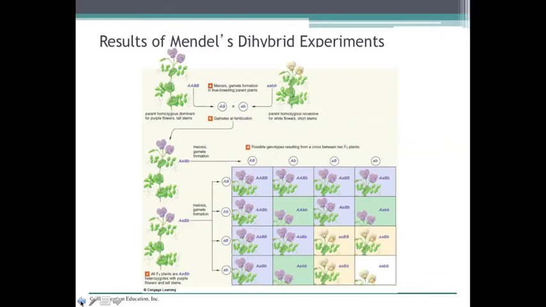Homozygous dominant for the A and the B, so that's tall and purple. The next one is uppercase A, lowercase b. Next one, lowercase a, uppercase b, and then finally lower and lower. Now, both are going to be the same on each side because you're mating the same generation. And now you do the exact same thing you did with the Punnett Square.